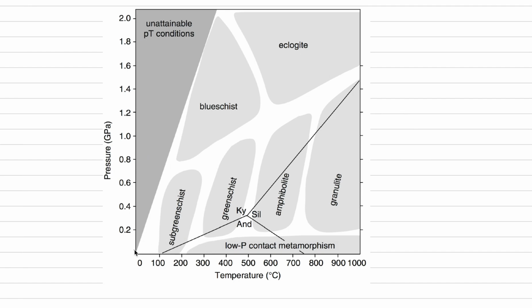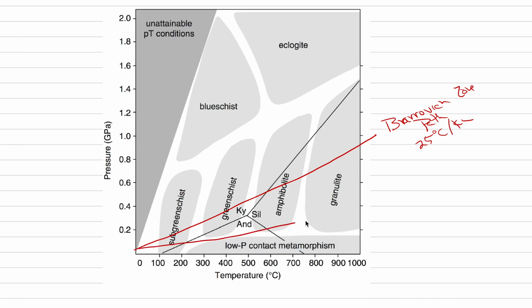Going through this path right here, this is our Barrovian zone path, where we have a normal geotherm of around 25 C per kilometer. Our Buchan style is hot but low pressure. So this is going to be our Buchan pathway.